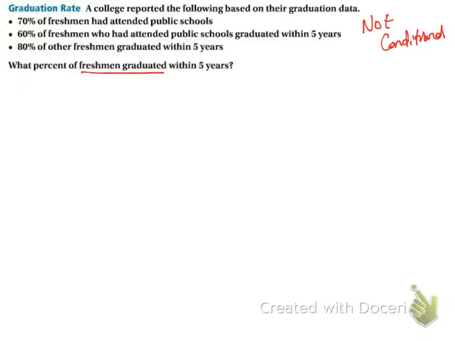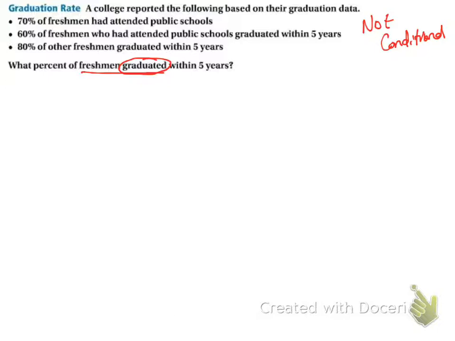And so what I'm going to do actually is I'm going to make a tree diagram to kind of help figure out the probabilities of each thing happening, because they only give me certain information. So what percent of freshmen graduated? If I'm looking for graduated, that's going to be the last thing that I put down in my tree diagram. So what I'm going to look for first is what other information they tell me.